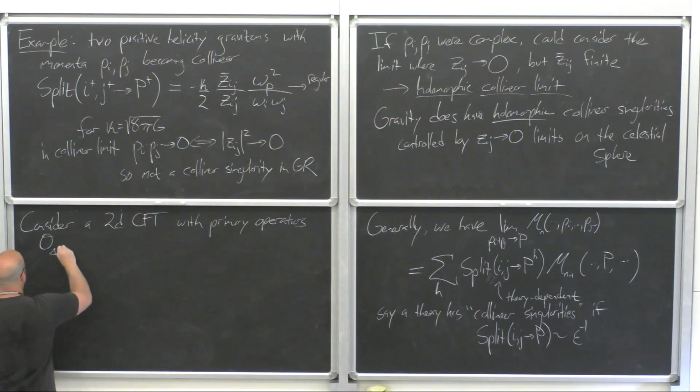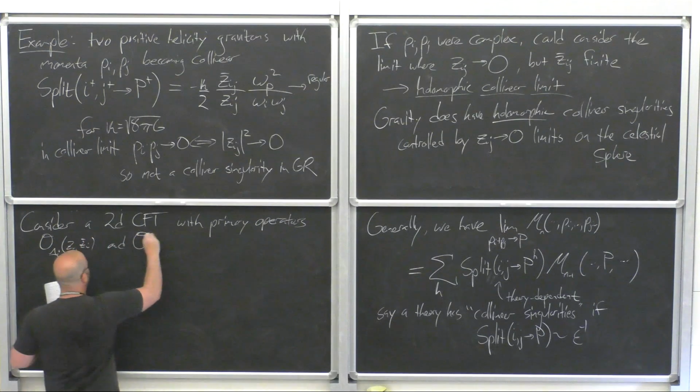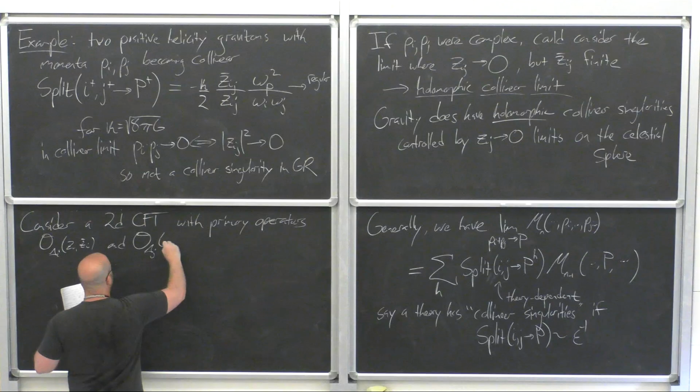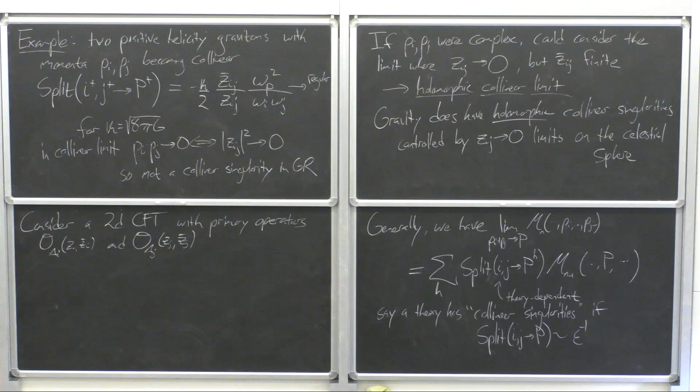Let's call them curly O I at Z I, Z bar I, and curly O J of dimension delta J at Zj, Z bar J. So take your favorite 2D CFT, take two local conformal primary operators in that CFT.